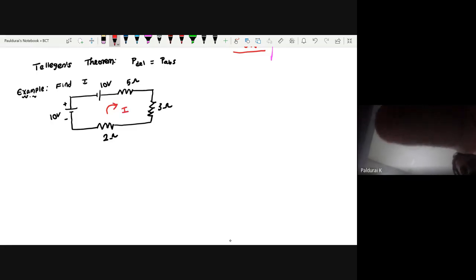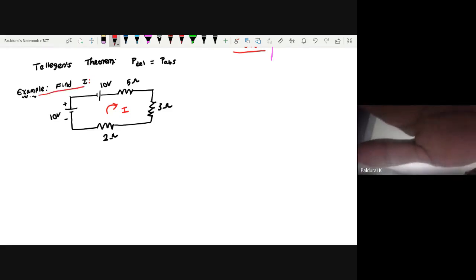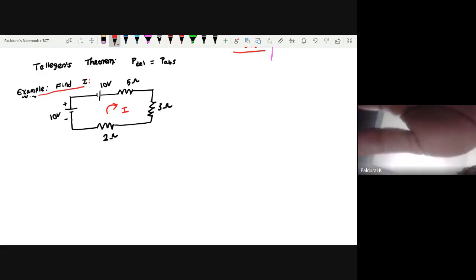Find I. Can you find it by yourself? Take 2 minutes.